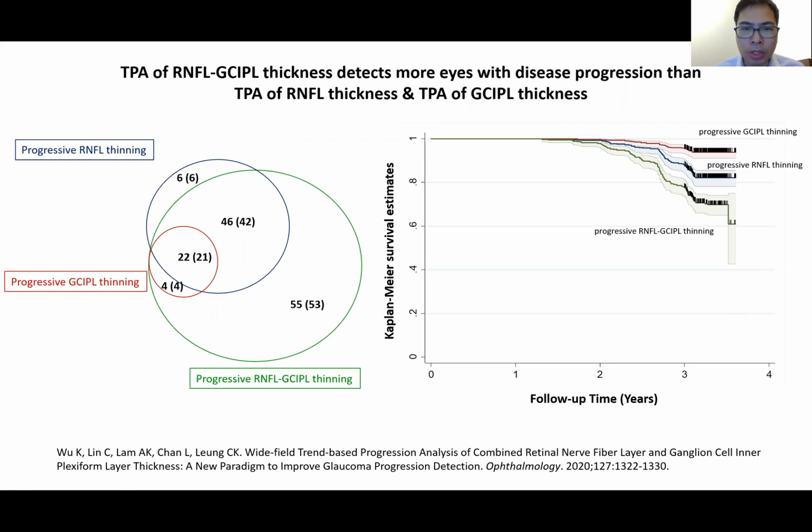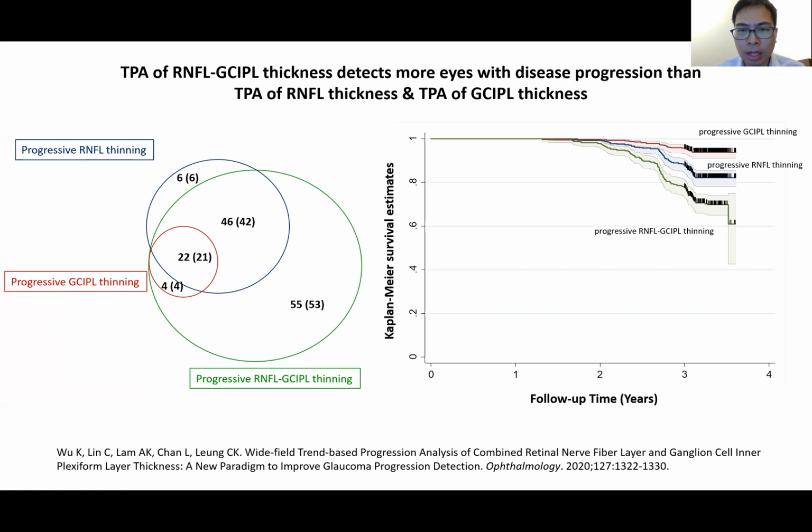Not only do we see change earlier when we use the combined GCIPL RNFL layer analysis, but also we are able to detect more change. So in other words, when we go deeper, when we combine the two layers together, we can actually detect glaucoma progression that would be missed by either the progressive RNFL thinning analysis or the progressive GCIPL thinning analysis.